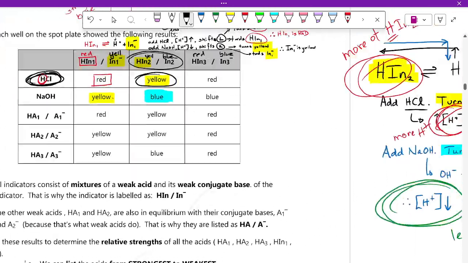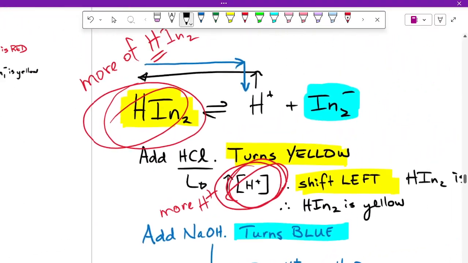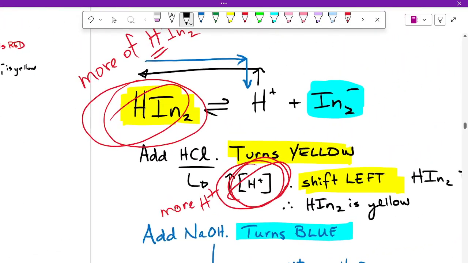Yesterday, the way we looked at it is we said, if we add hydrogen, that shifts it towards the hydrogen form, the acid form. If we add hydroxide, that shifts it towards the base form.